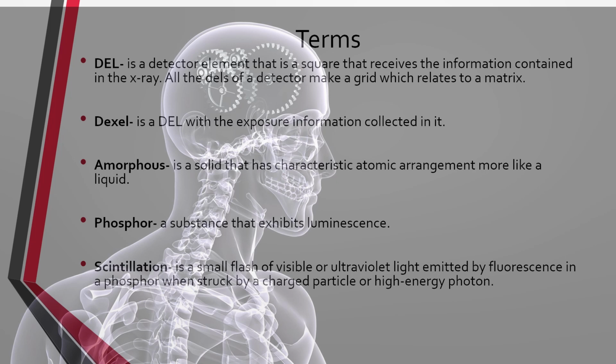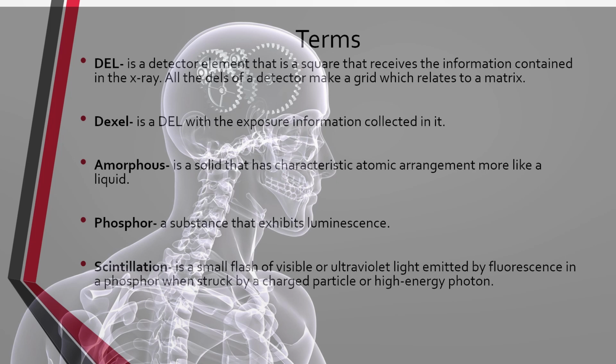So a phosphor is a physical thing. Scintillation is that flash of light. So when you say scintillator, like phosphor, you could be referring to the physical object, but scintillation is the process of the light being emitted from the phosphor.